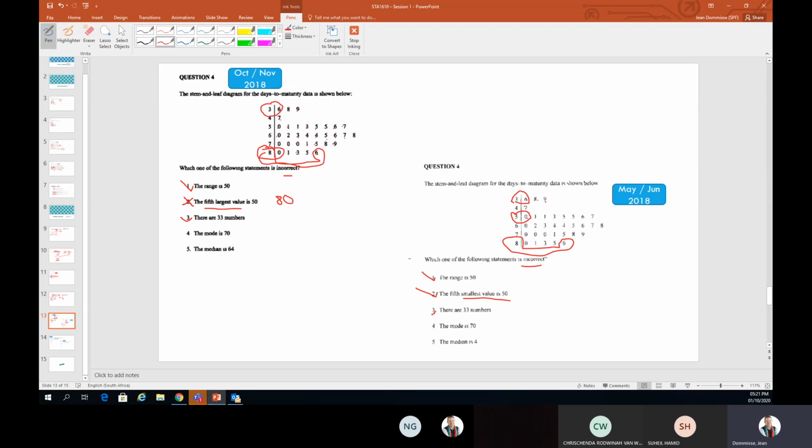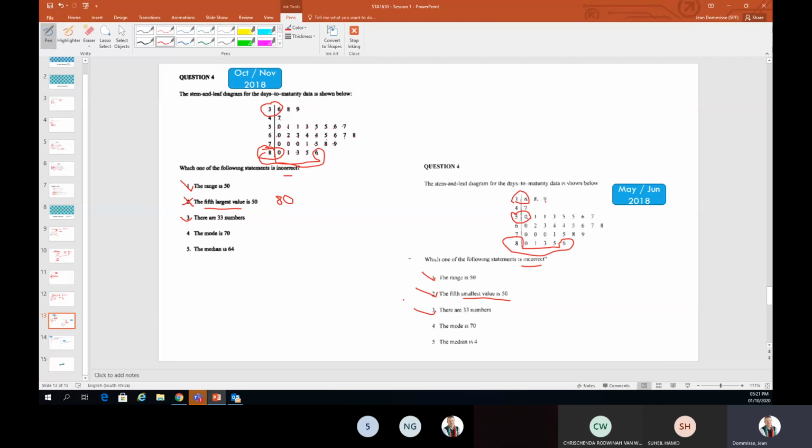There will be 33 numbers in that as well, but let's make sure. So in both of them, the 33 numbers are there, so it's correct.